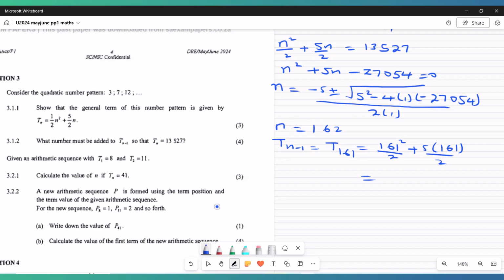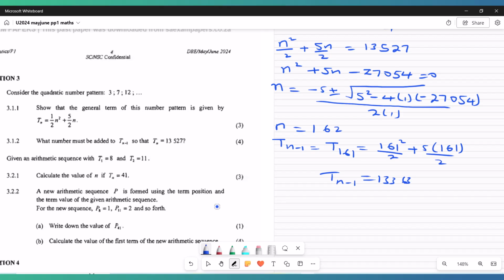It gives me 13363. Now this is my Tn minus 1.